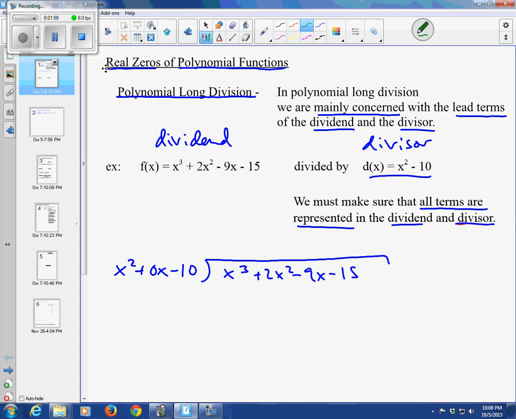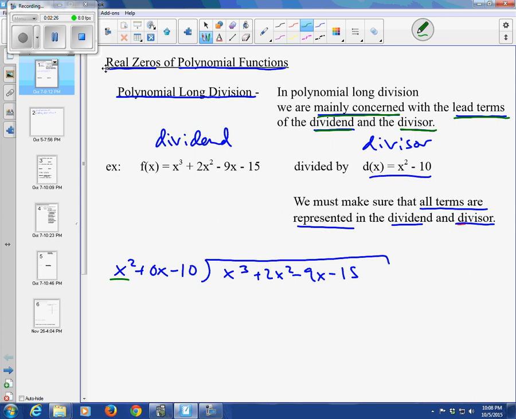And when we say that we are mainly concerned with the lead terms of the dividend and the divisor, really what we're talking about is the process of polynomial long division, which is going to be canceling out the lead term of the dividend in each step by recreating that term with the lead term of the divisor.